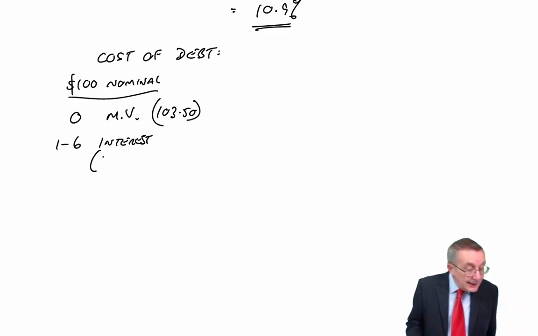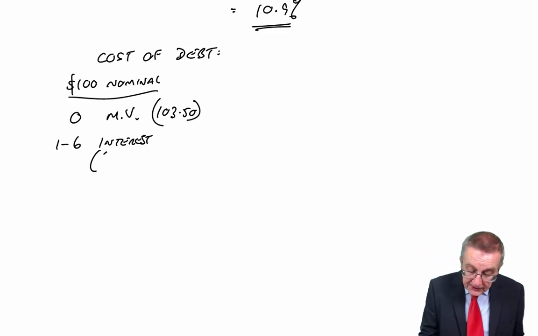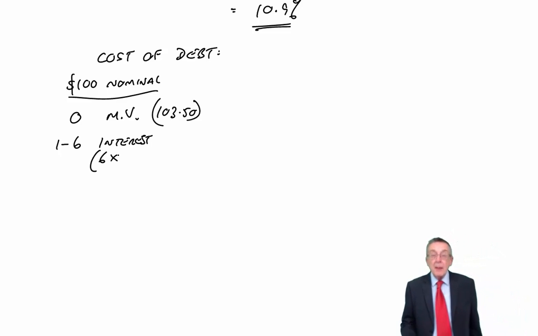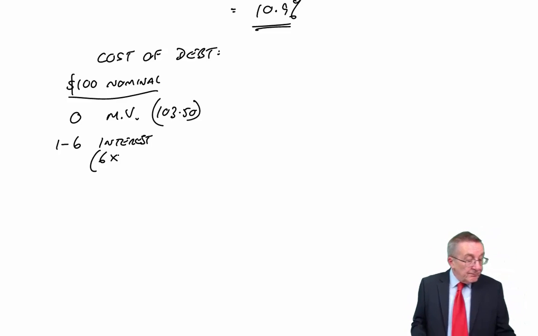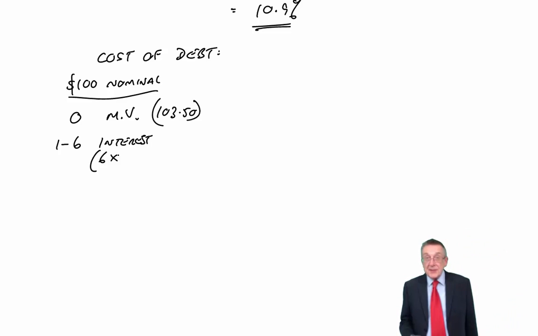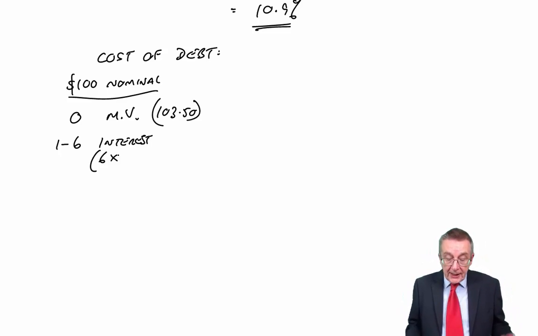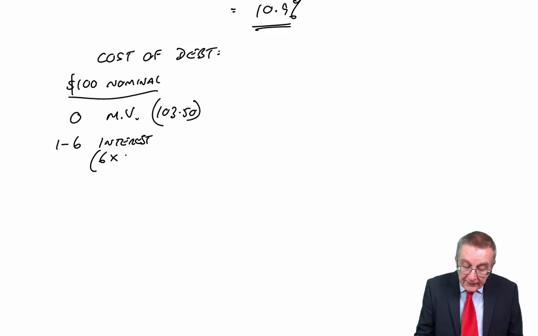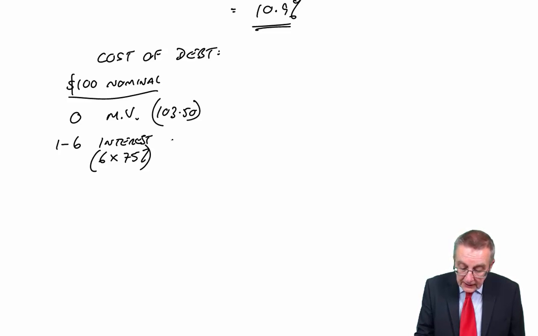It's a 6% interest, so 6% on nominal value, which is $6 a year. However, with tax in the last line of the question at 25%, the company gets tax relief on the interest. The after-tax interest, 1 minus T, will be 75%.